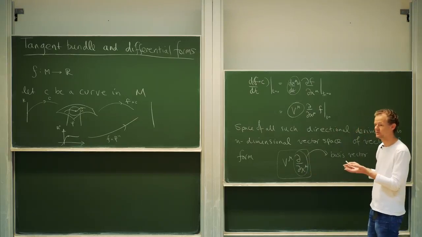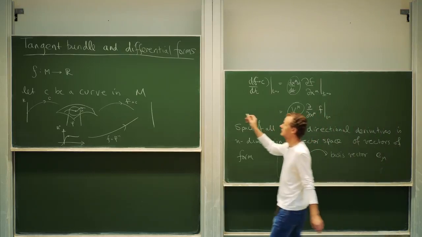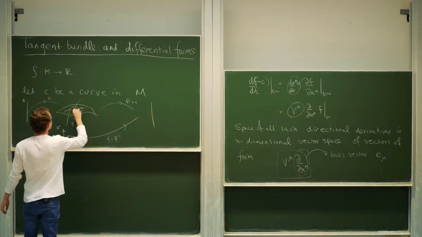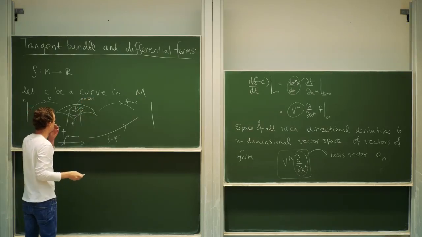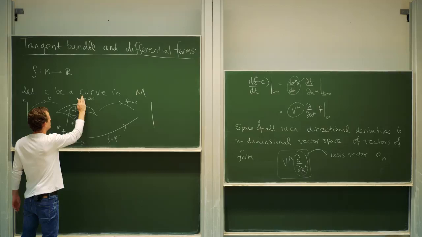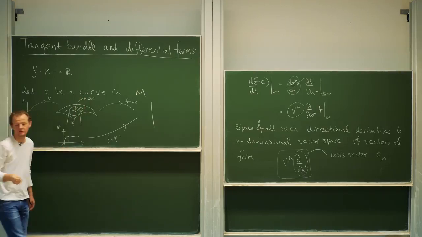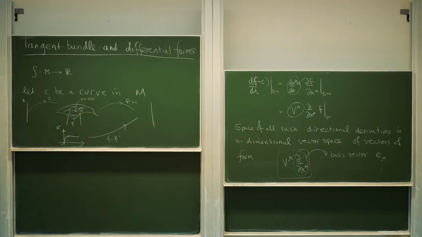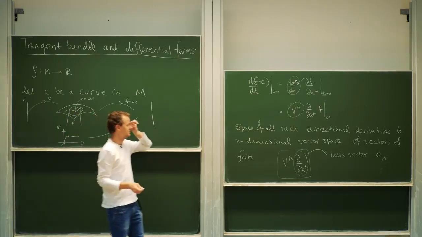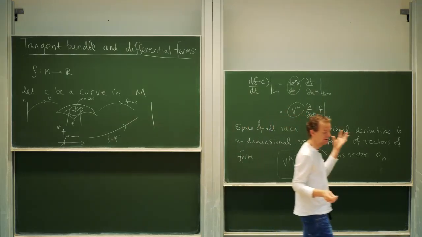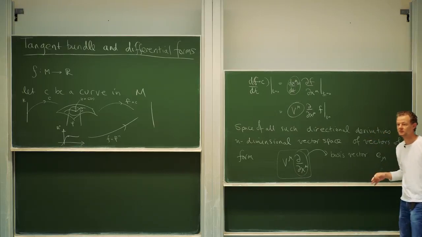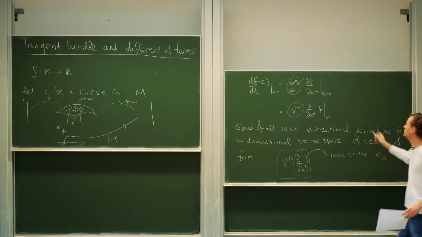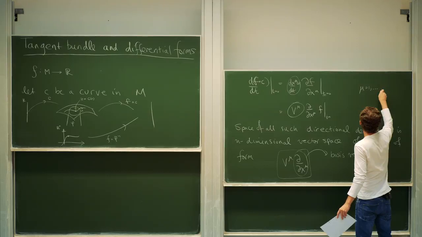So the tangent space at a point x, this is the point x. Actually, x is kind of a stupid notation when we have coordinates. Let's say for a point z in the manifold, when t is 0, the tangent space there is the linear vector space spanned by all differential operators that look like this, and it's exactly n-dimensional because mu is running from 1 all the way up to n.